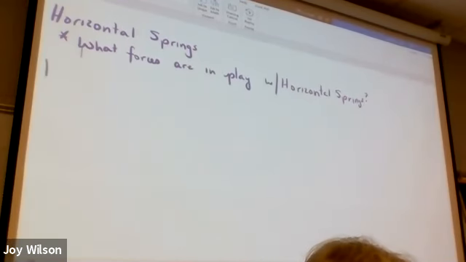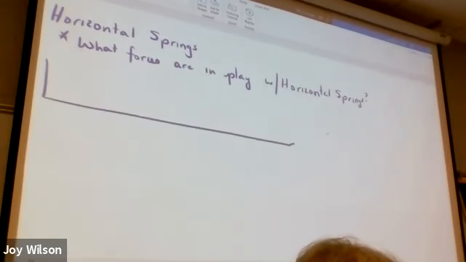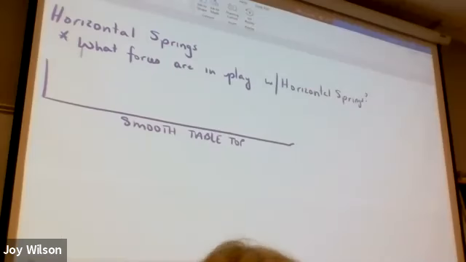So we've got some sort of scenario. We're going to start with a smooth tabletop. So when we use the word smooth in physics, what does that tell us? It's frictionless. The assumption is that it is frictionless.